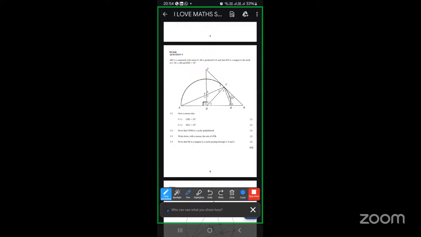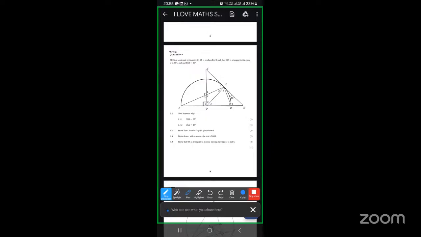So is everyone okay with that answer for 9.3? Yes, sir. Then you can also use the exterior angle of a triangle, O3 is equal to the sum of A and C2.